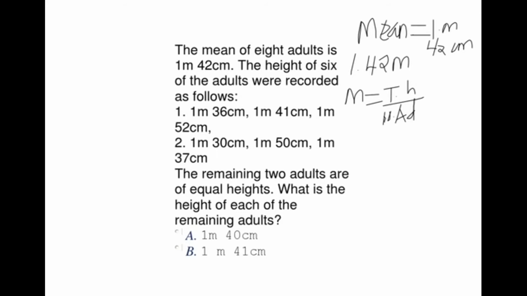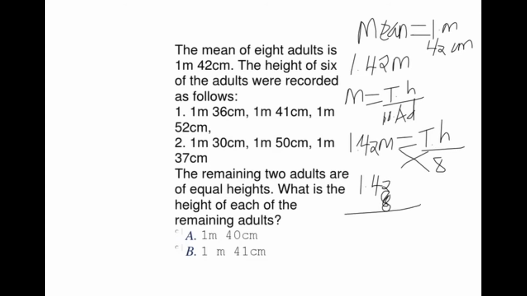So we have 1.42 meters equals the total height over 8. So we will cross multiply. So we have 1.42 times 8.